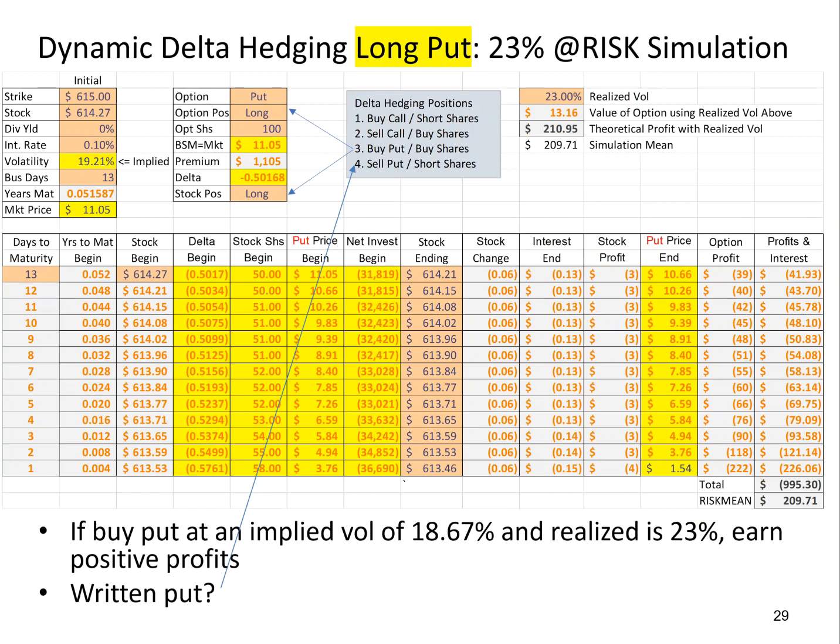Now, if I were to delta hedge a put, here I have a put option, and the implied vol of that put on a put price of 11.05 is 19.21. My put delta is 0.5017.